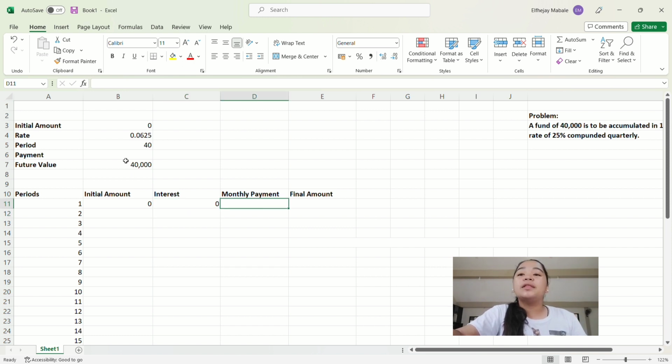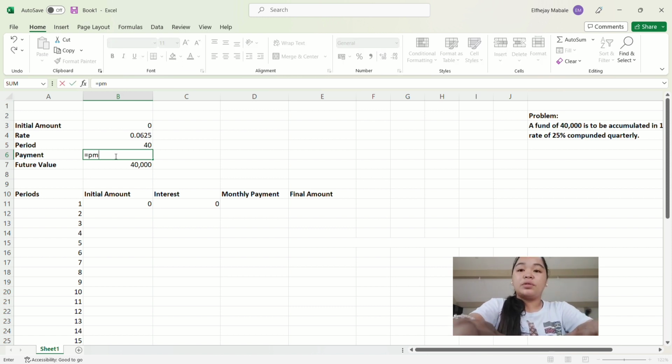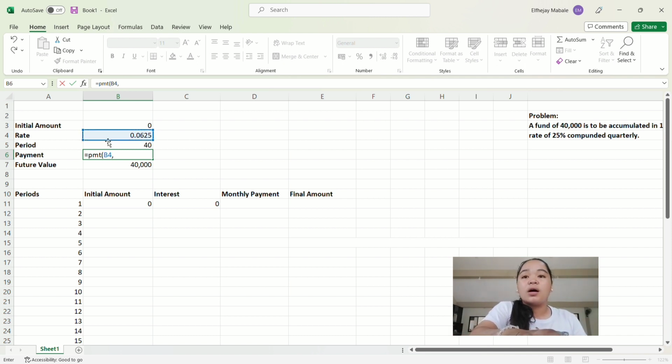In our payment, type equal sign and then PMT, open parentheses, click the rate, comma, period, comma, initial amount, comma, and then minus future value, and then comma, 0, and then close parentheses, and then enter.